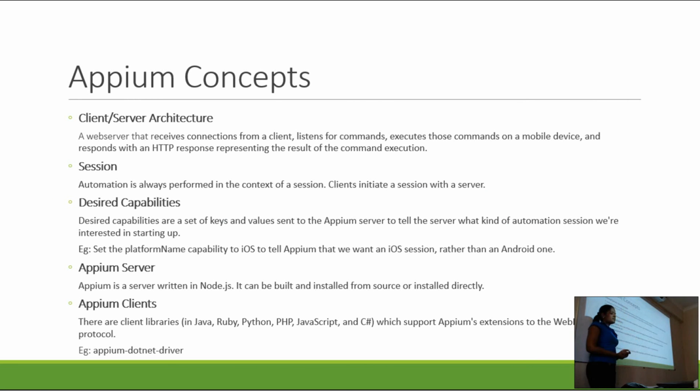And some concepts in Appium, just for your reference. It is a client-server architecture. It is a web server that receives connections from client, listens for commands, executes those commands on a mobile device, and responds with HTTP response, representing the results of the command execution.